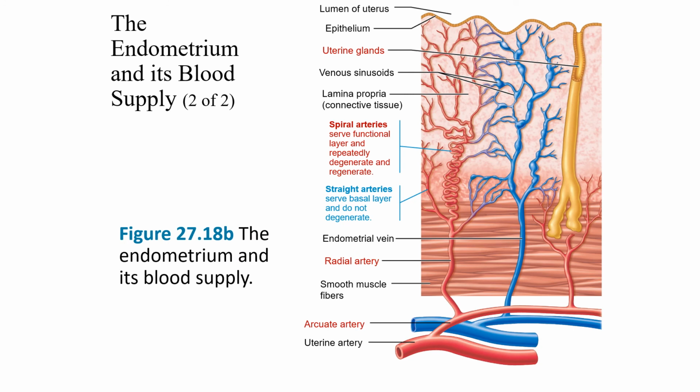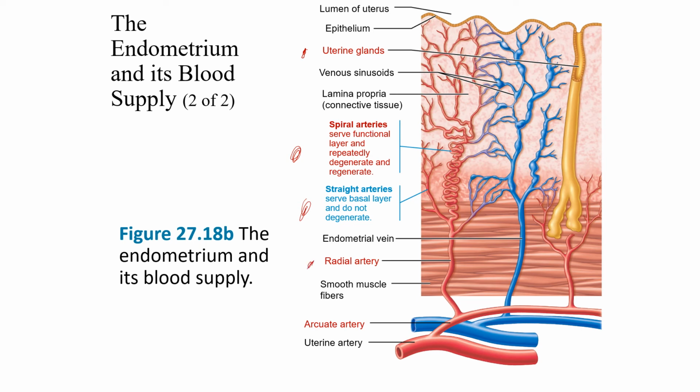So let's take a look at this picture. Please note the uterine glands, we're going to talk about those in a minute, the spiral arteries, the straight arteries, the radial artery.